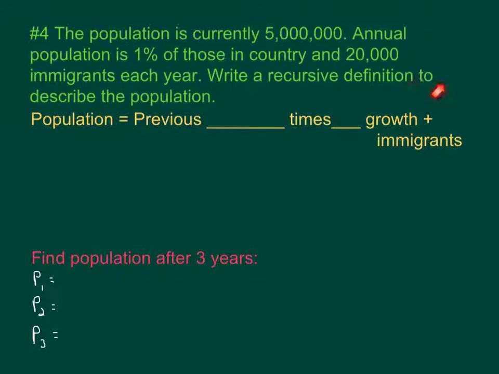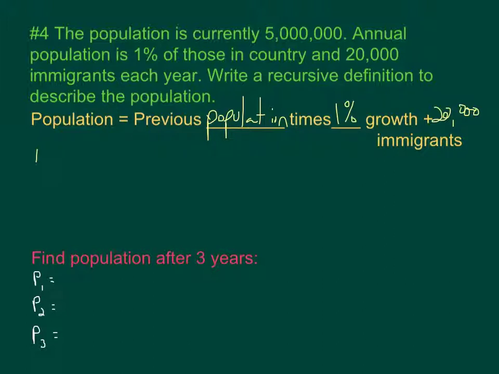Write a recursive definition to describe the population. So we're going to take the previous population times the 1% growth plus the 20,000 immigrants. That'll get you your new population each time.